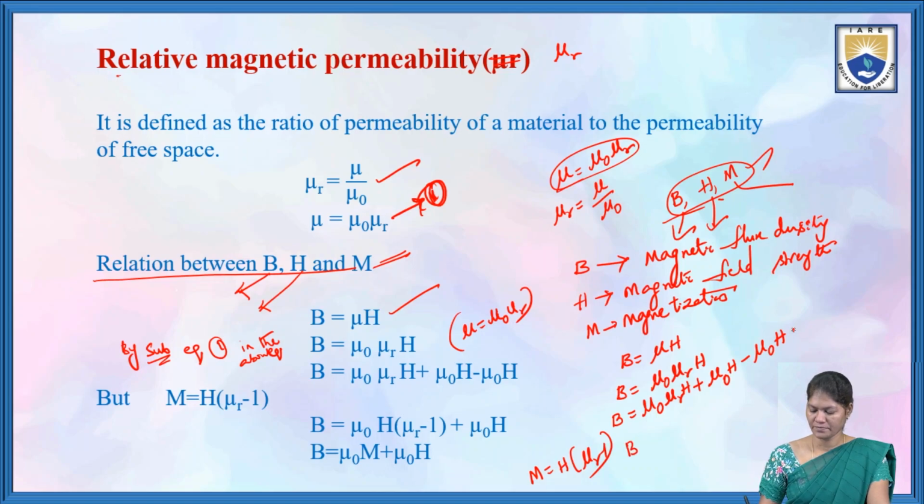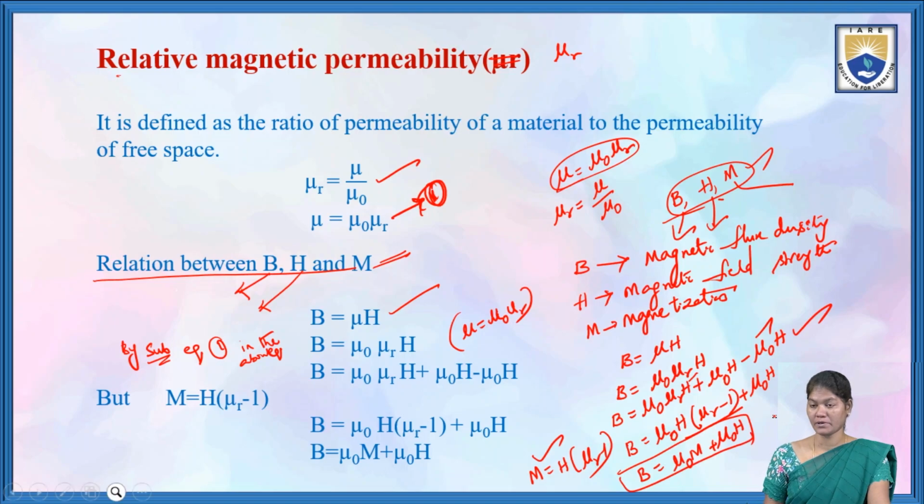So from this expression, B is equal to mu naught H into mu r minus 1, plus mu naught H. This H into mu r minus 1 is M. So B is equal to mu naught M plus mu naught H. Taking mu naught common, B is equal to mu naught into H plus M.